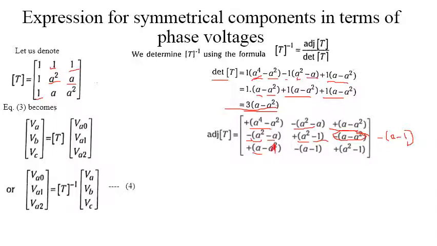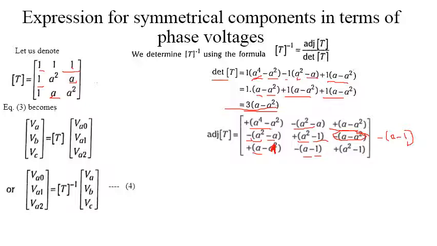So this should be 1, this is also similar, a minus 1. Then coming to the next part of the matrix, for this term we should get 1 into a, so this is a. 1 into 1 you will get minus 1. This is the correct one.